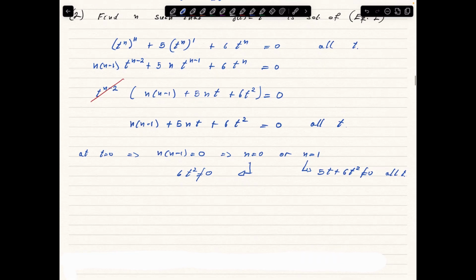So what we conclude from here is that y of t equal t to the power n is not a solution of equation 1 for any value of n real.